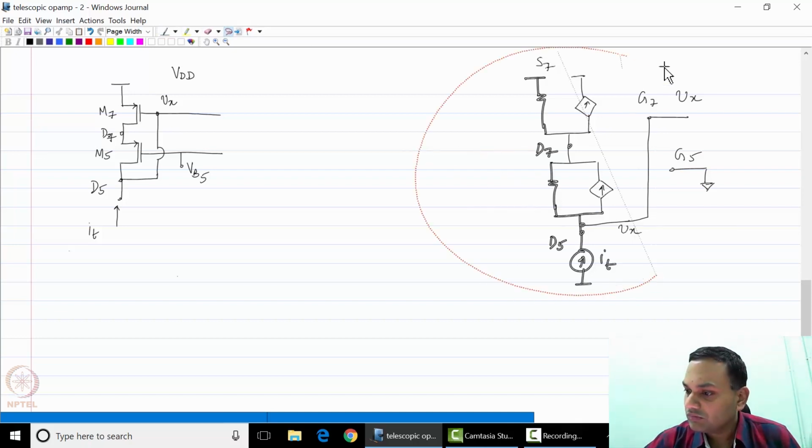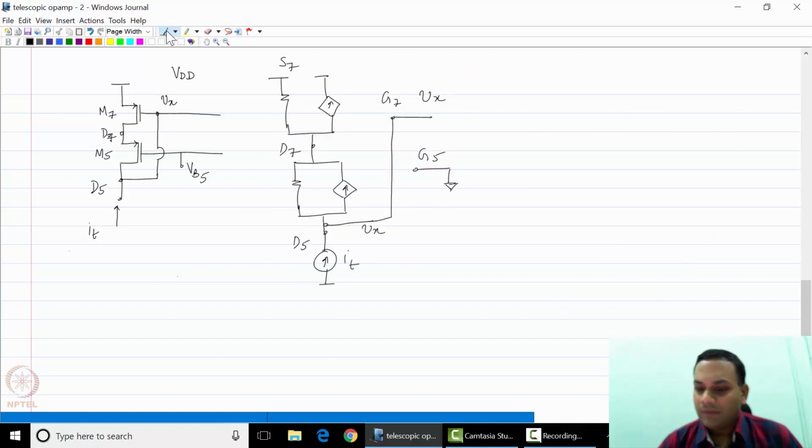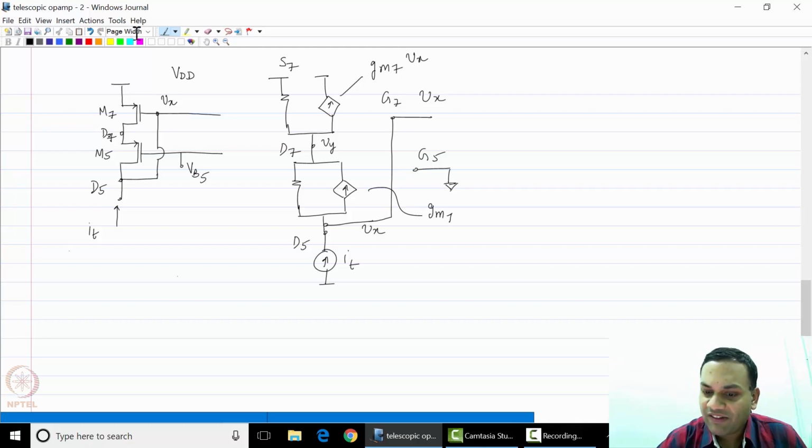So let us now write down the relevant equations for this particular circuit. Let us call this voltage Vy. So Vx and Vy need to be determined. Of course, this current is Gm7 times Vx, and this current is Gm5 times minus Vy.